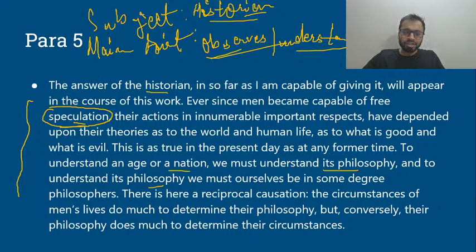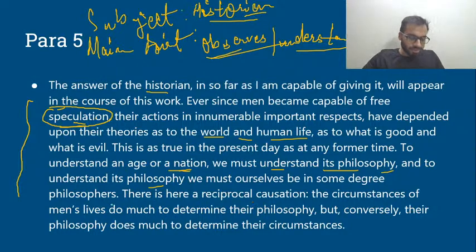So speculation, I would say, is the surface. If you scratch the surface a little bit, you will discover that we then move on from only saying speculation to actually talking about how we view society, how we view the world, how we view human life, right? How we understand a nation, how we understand the philosophy, how we understand the human race, right?